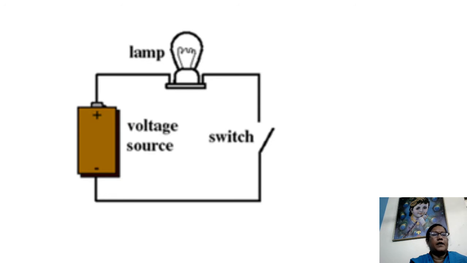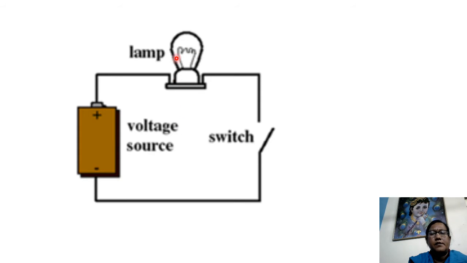Children, in reality, our day-to-day life depends very much on electricity. Children, in your lower classes, you learned about basic circuits, electricity and the simple electric circuit. So these are the components of an electric circuit.